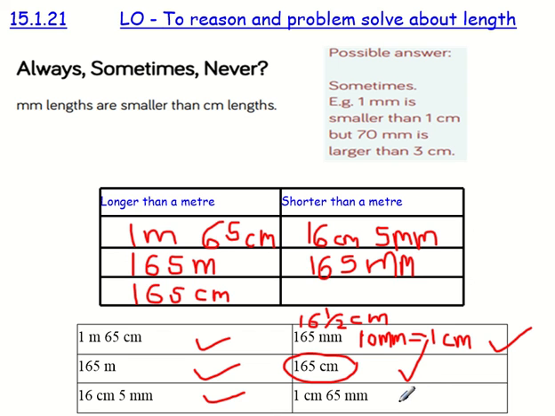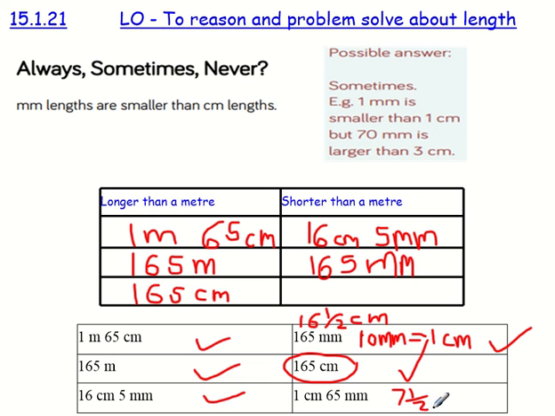And then finally, our last one is 1 centimetre and 65 millimetres. So again, if you've got your ruler in front of you, you've got 10 millimetres in 1 centimetre, and then you've got 65 millimetres. Well, remember, there's 10 millimetres in each centimetre, so we've got 65 millimetres, we've got 6.5 centimetres there. So altogether, we've got 7.5 centimetres.